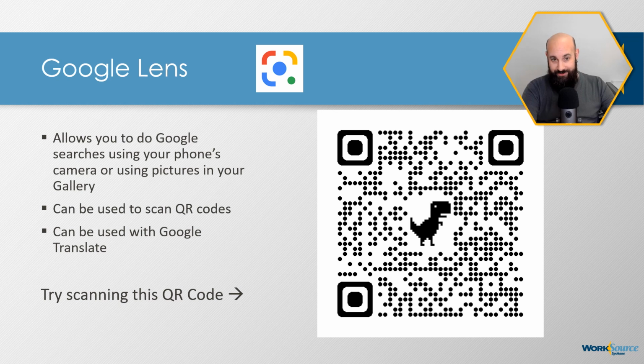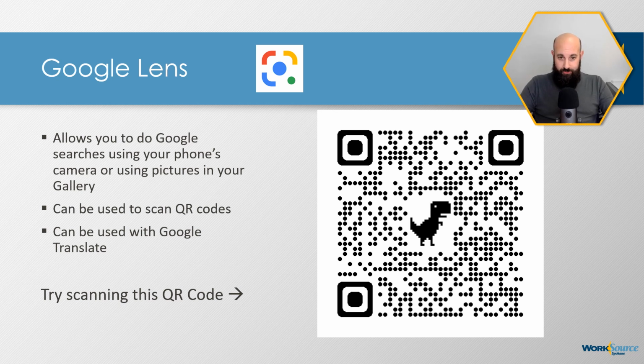Google Lens. Google Lens, and you can see the icon here up towards the top of our screen. If I were to describe this application, it's like a way to do Google searches using your phone's camera.